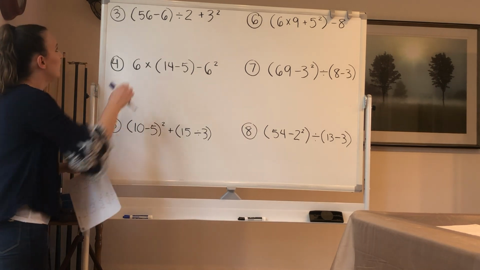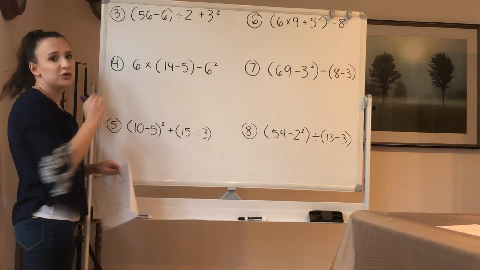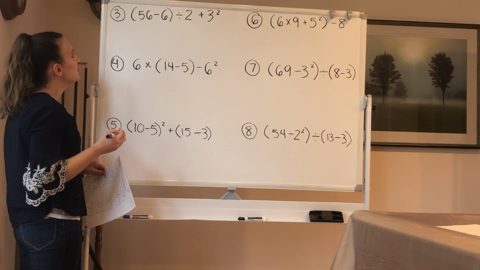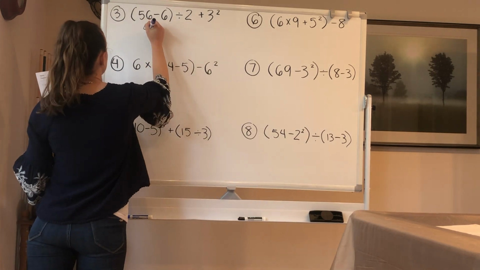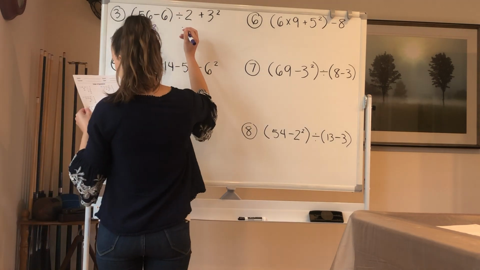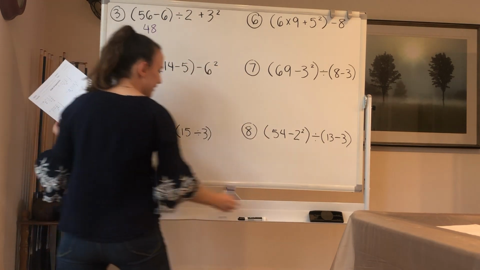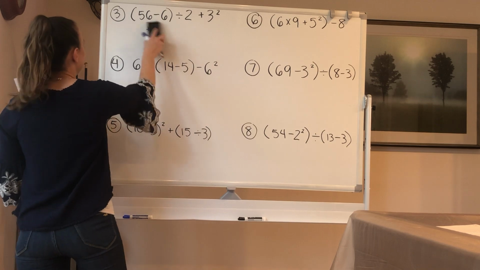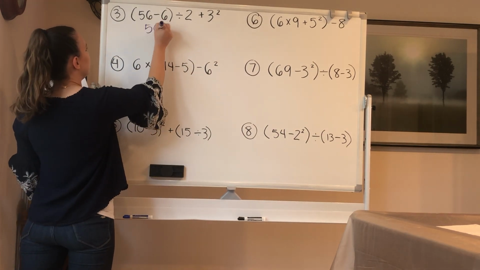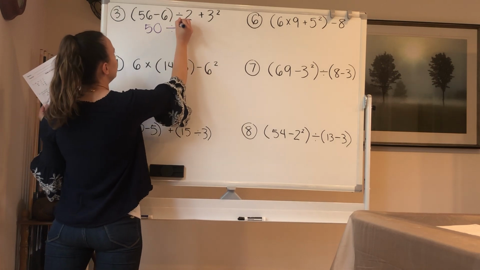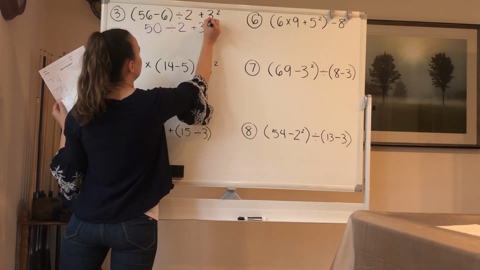Number 3. We have parentheses, so we want to do that first. So 56 minus 6 is 48. What am I doing? 56 minus 6 is 50, not 48. It's been a long day. 50, okay. Divided by 2 plus 3 squared.